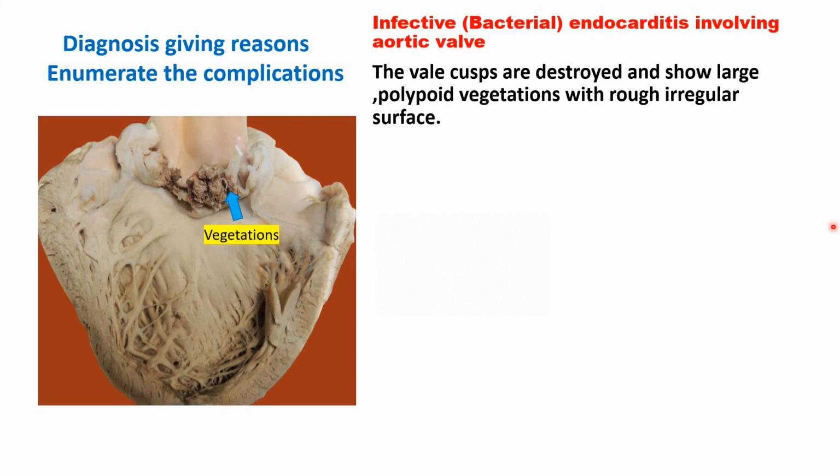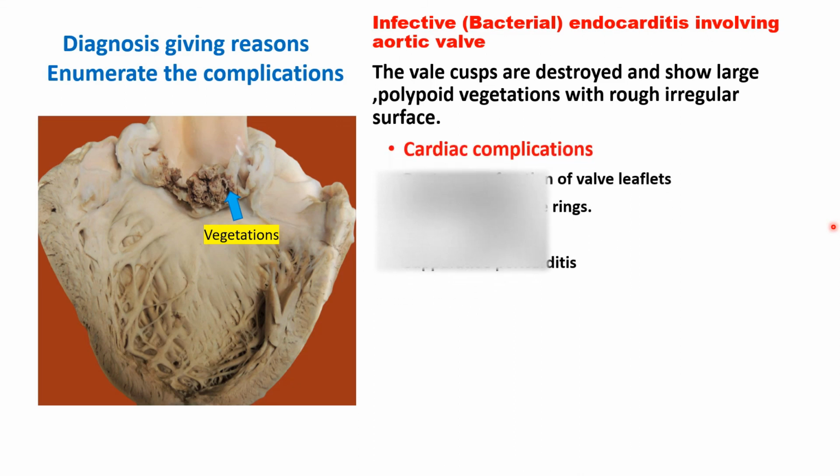Then there may be non-bacterial thrombotic vegetations which may be on either side of the valve cusp. So you have to prepare that short note. Here in this particular specimen, it is the polypoidal vegetations of bacterial or infective endocarditis.